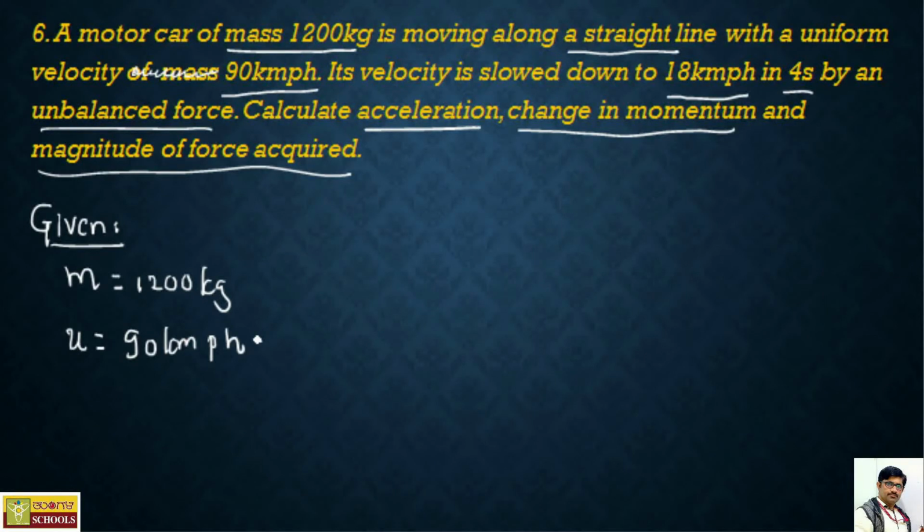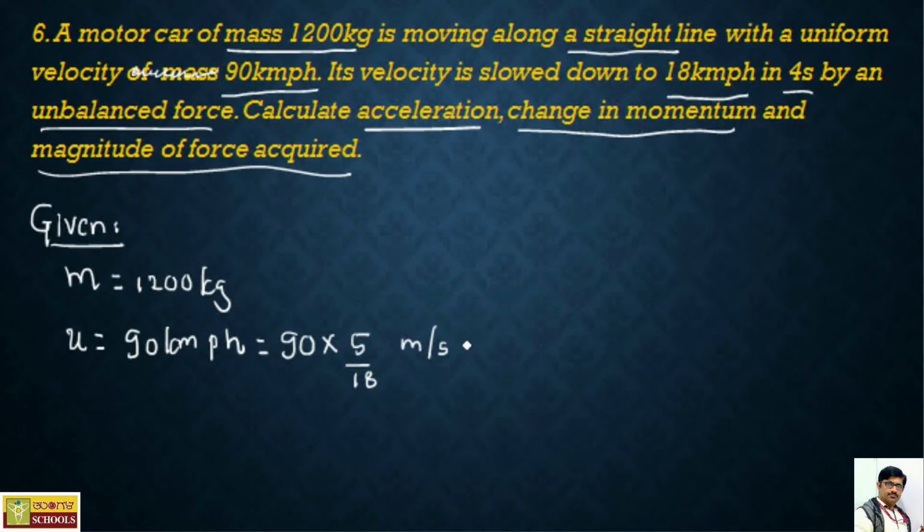That can be written in terms of meter per second as 90 into kilometer per hour, which is simply taken as 5 by 18 meter per second. I already solved this in the previous problem based classes, so it can be written directly in meter per second.